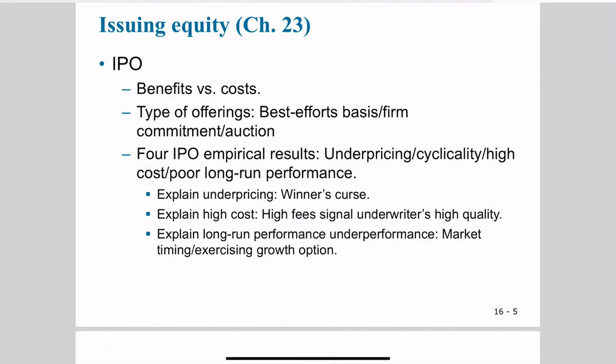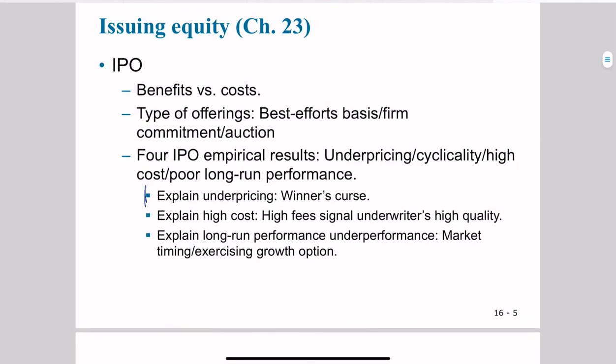We learned the reason is because of winner's curse. It basically means if it's a good IPO, you cannot win. That is, you cannot get into this IPO. If it's a bad IPO, then you will easily buy the IPO shares. So it basically means if you get to buy the IPO, it's possibly because the IPO itself is bad.